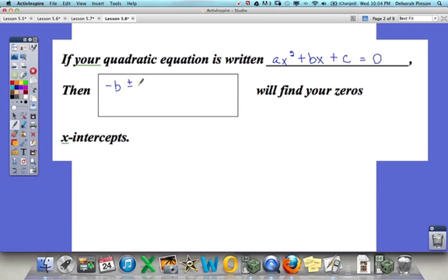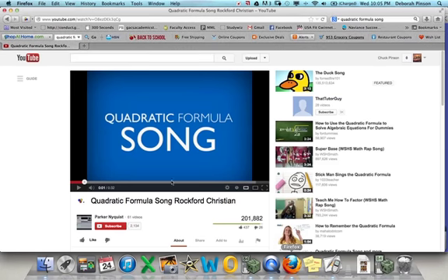Negative b plus or minus the square root of b squared minus 4ac all over 2a. That formula, and we're going to practice some, will find your zeros or your x-intercepts or your roots, however you want to phrase that. Now there's actually two little songs to help you remember it, so I just picked the one that I like. So I'm going to play this little video right here that has the song in it.